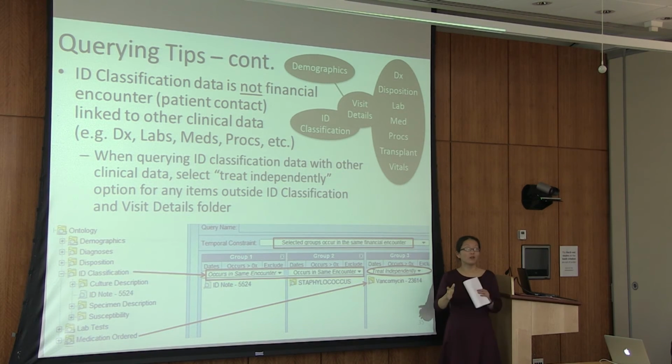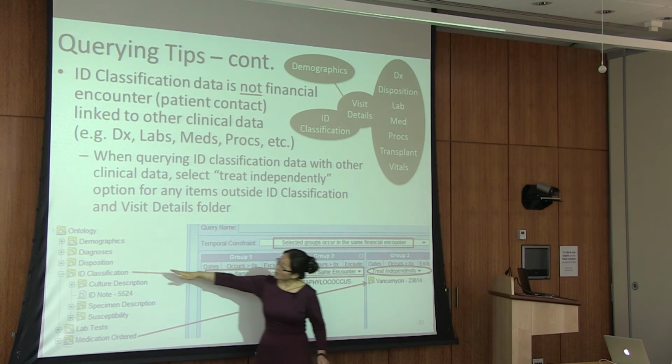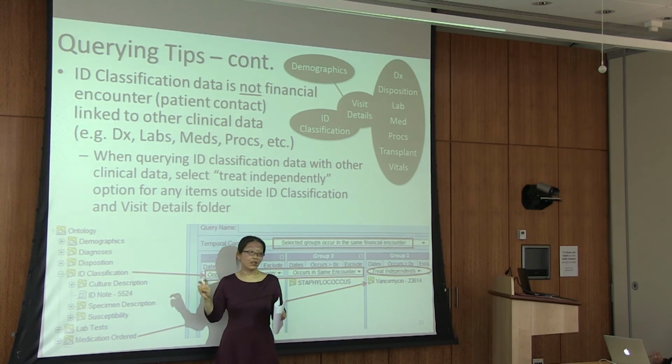It's because of all the complicated linking of organisms, because there's multiple tests run in the same financial encounter. In order to link the tests together individually so that you don't get an erroneous record, we had to not link them to the big visit info, which is what all the other items are linked in. So everything within here, you want to link by financial encounter.